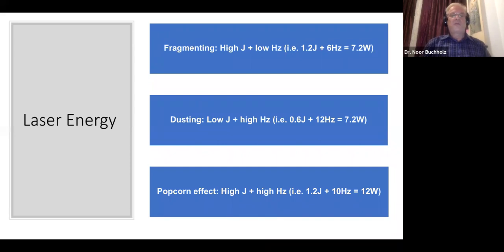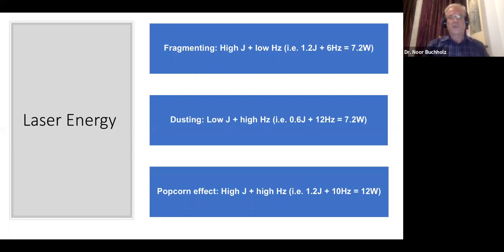Now, typically for fragmenting, so if you want to have larger fragments, you use high energy and low frequency. And as an example, for a 20-watt holmium laser, I have here put 1.2 joule and 6 hertz, and you get a total energy of 7.2. Now, if you want to dust a stone, then you need a low energy and a high frequency.